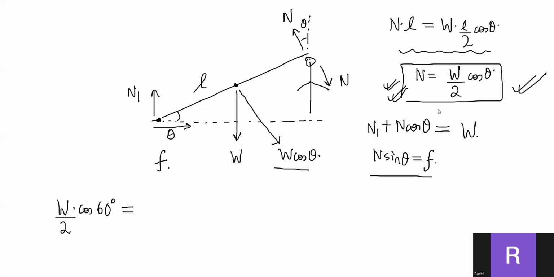In option C, it will be W by 2 cos theta. The second question confirms what we are doing. You are getting 3, right? It is obvious. How can this be wrong? There can't be anything wrong here. We don't know anything about friction or anything. We can't use these.